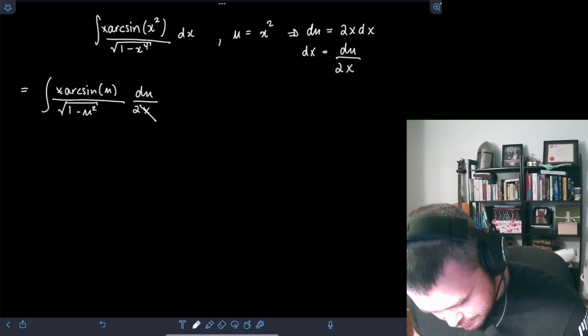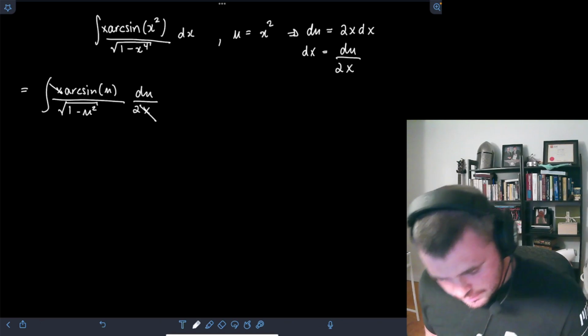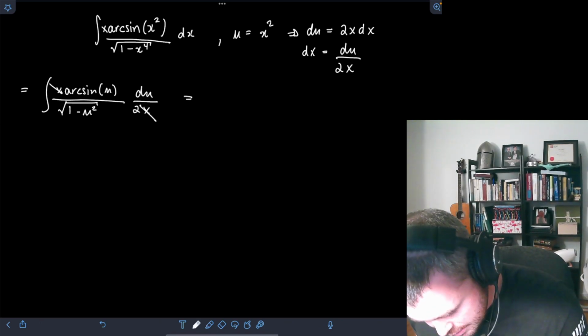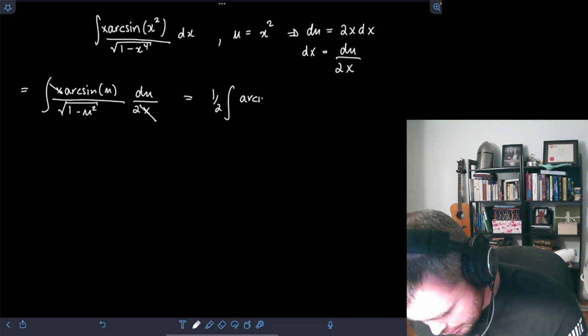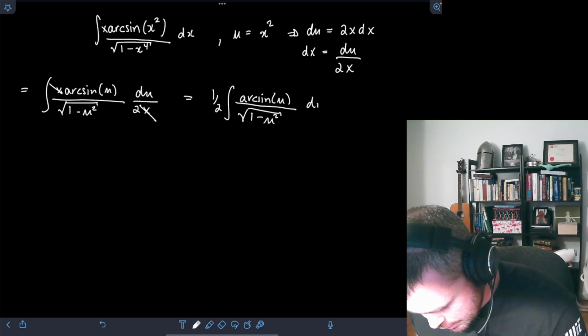We can cancel the x's right here, and we can rewrite this, just to be clean, as 1/2 times the integral of arc sine of u over the square root of 1 minus u squared du.